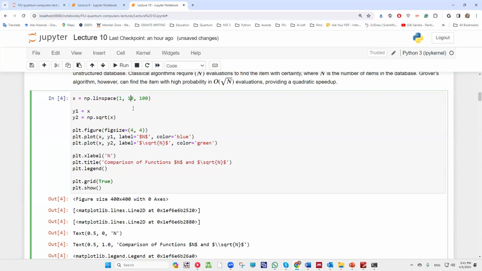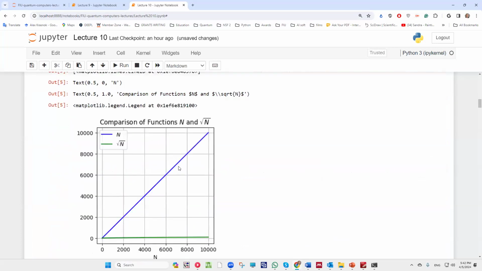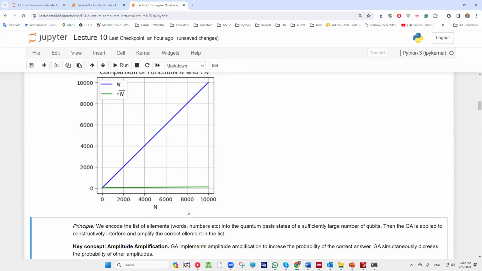We need to search in a list of many more elements, maybe 10,000 or even more. And in this case, the speed up is terrific, right? So if we have such an algorithm, we could greatly improve, for example, our internet search, and some other real application areas.